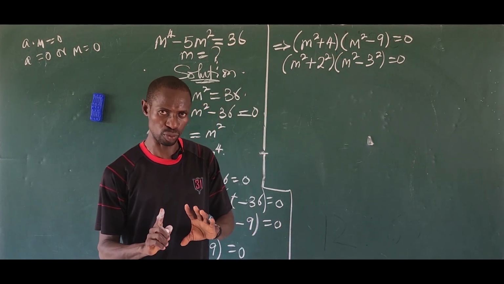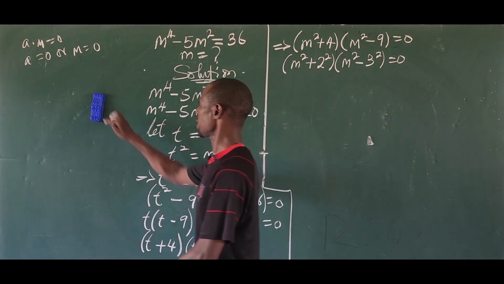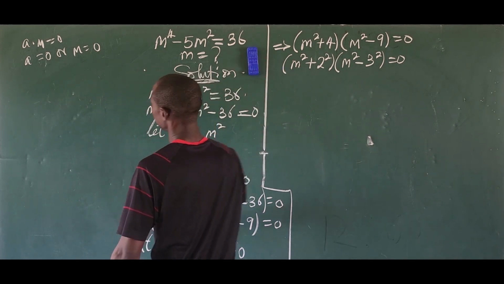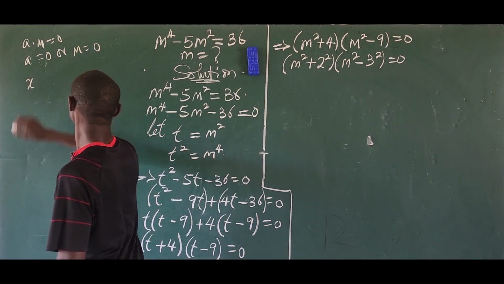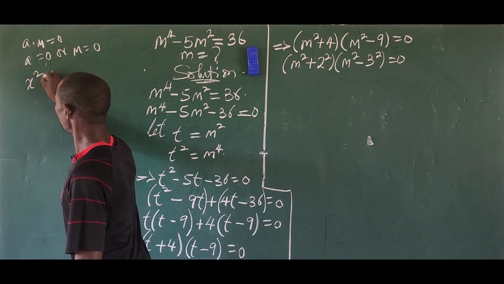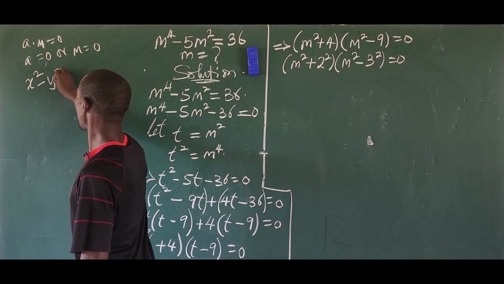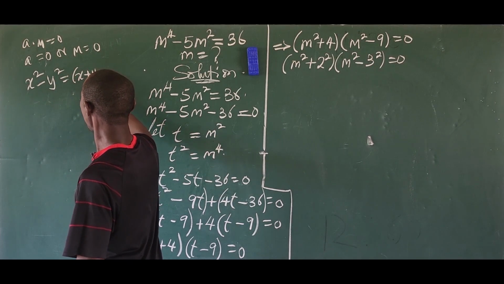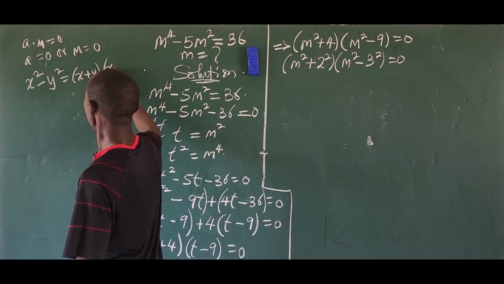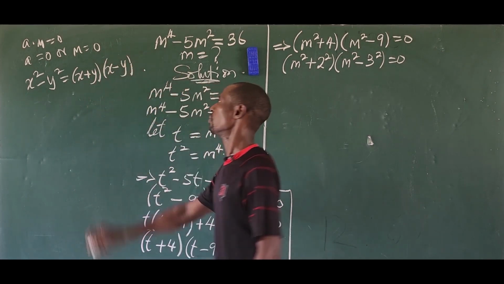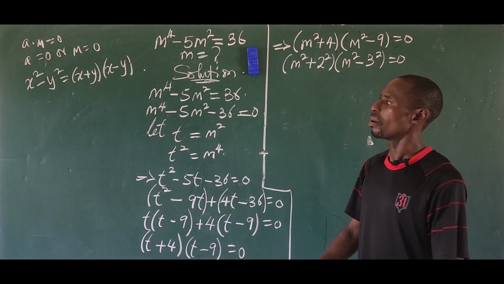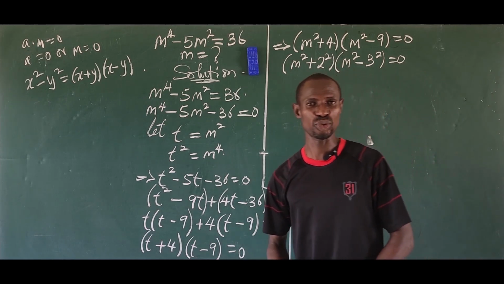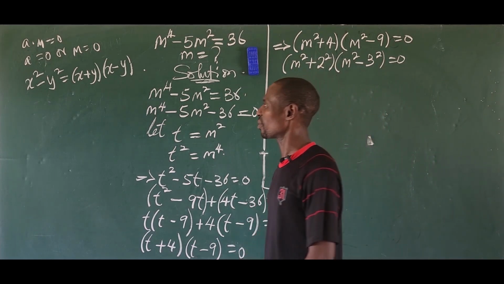We all know difference of 2 squares, right? What does it say? It says that if you have x to the power of 2 minus y to the power of 2, this will give us x plus y, close bracket, bracket, x minus y. We all know this, right? Good. We also have what is called sum of 2 squares. What does sum of 2 squares say?